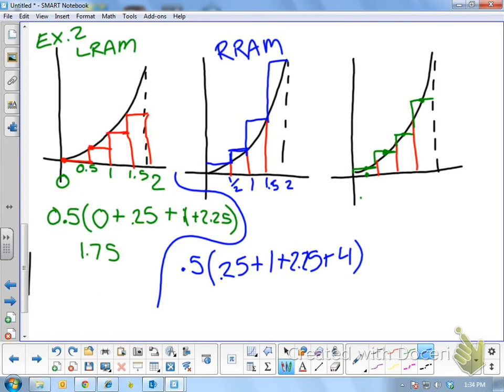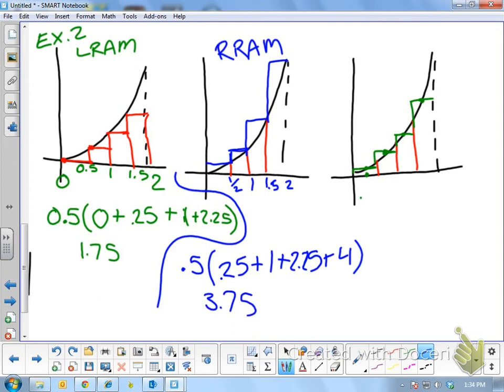It'll change depending on the function. Since we're using the function x squared, that's why it's been squared. But if I did x squared plus 7, I'd go 1/2 squared plus 7, 1 squared plus 7. Yeah, we're still using that same function. So if we simplify this down, this should be 3.75.